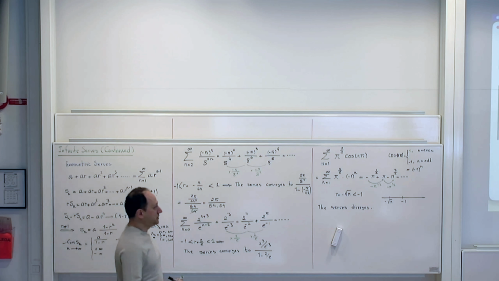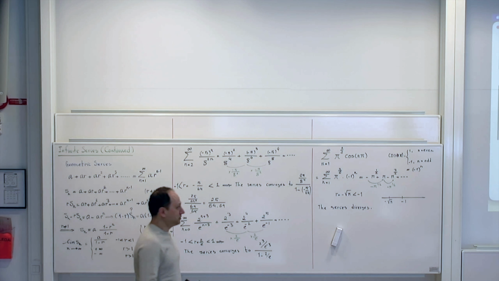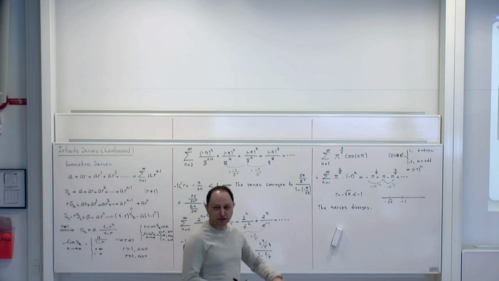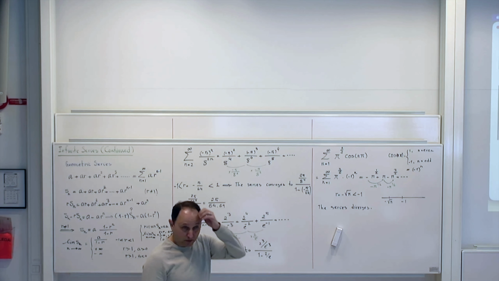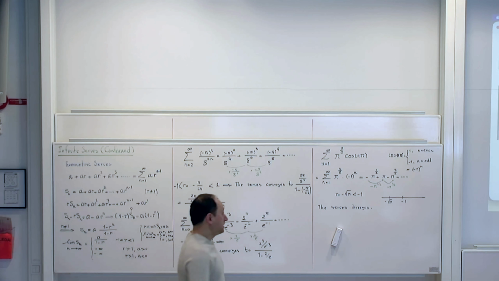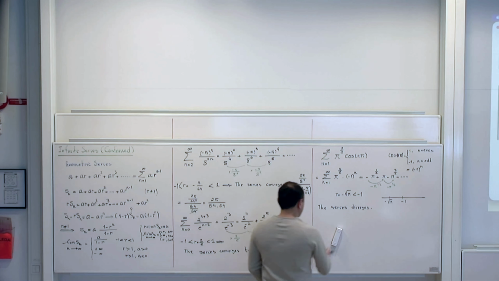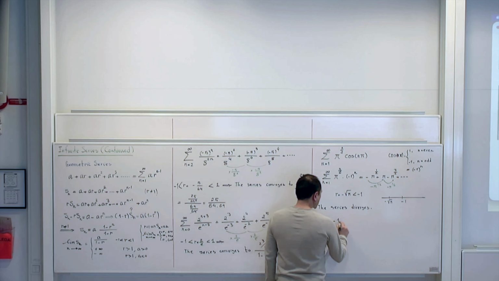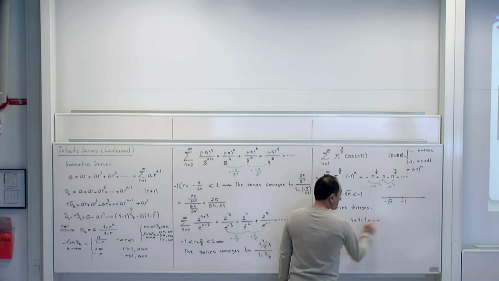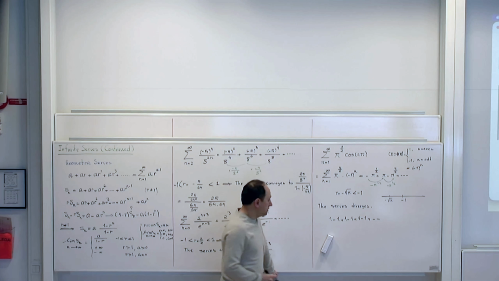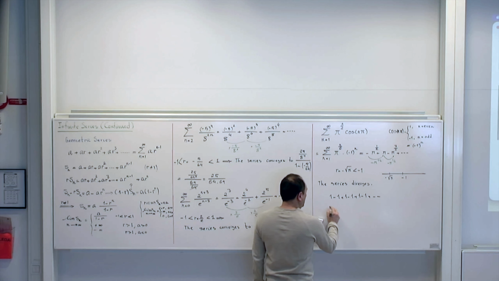What about the last one? The last one is very simple. 1 minus 1, 1 minus 1. Because some people would say that, okay, 1 minus 1 is 0, 1 minus 1 is 0, 1 minus 1 is 0. So then the sum should be 0. Okay? But this is a geometric sum. Yes? So this 1 minus 1 plus 1 minus 1 plus 1 minus 1 is a geometric sum. Can you see that? So it's a geometric sum, but what is the common ratio?